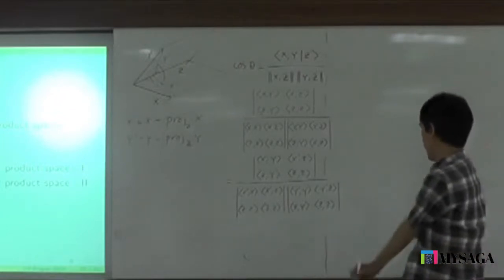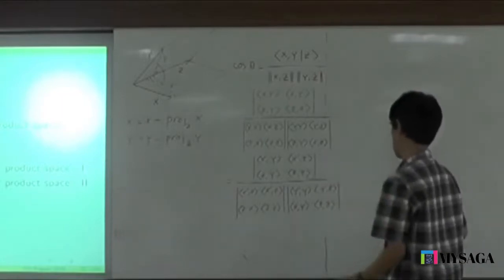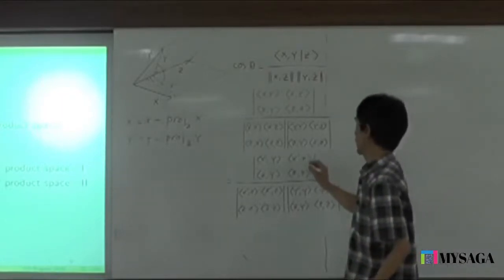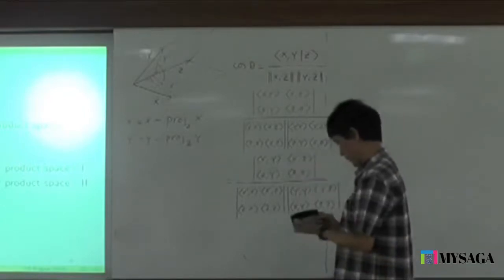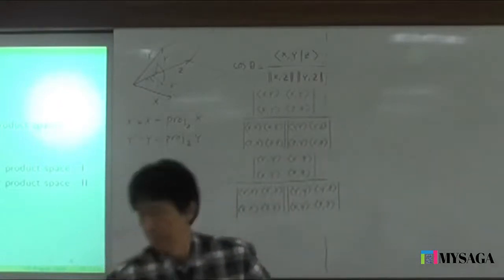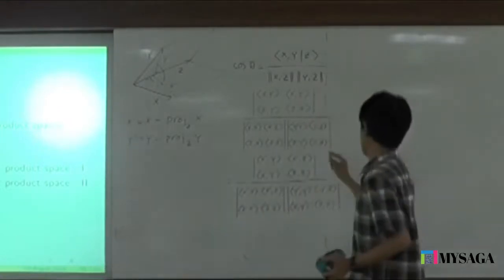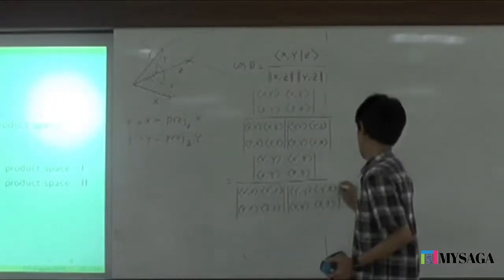Up to now, I think we can simplify the expression here, because now the inner product of x prime and z is 0, right? Okay, so this thing is 0, that thing is 0, that thing is also 0.